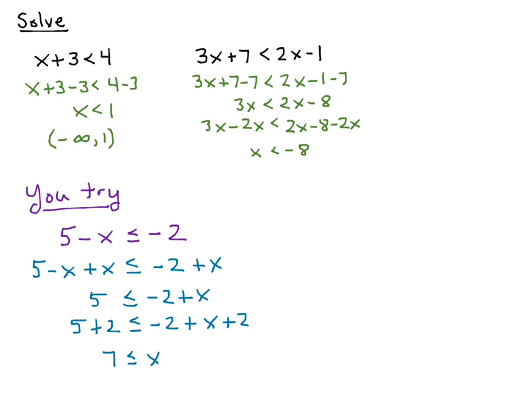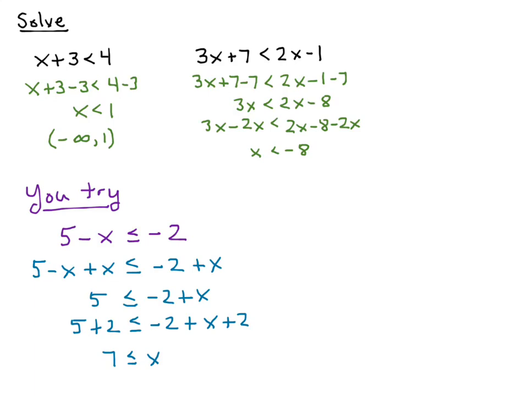Just make sure that when you're moving things back and forth like that, when you turn around an inequality, you keep the inequality facing the right direction. Yes? I have a question. If I did it the other way, so I just put 5 onto that side and got negative 7 is greater than or equal to x. It's not greater than or equal to x.